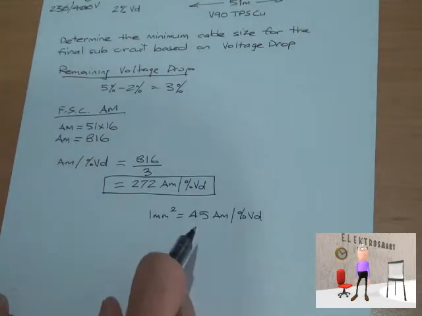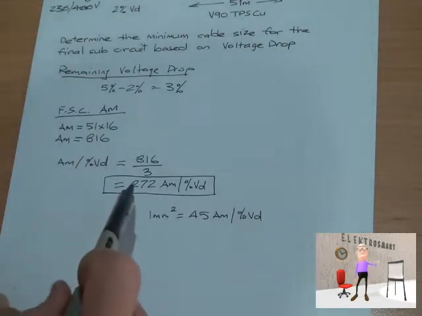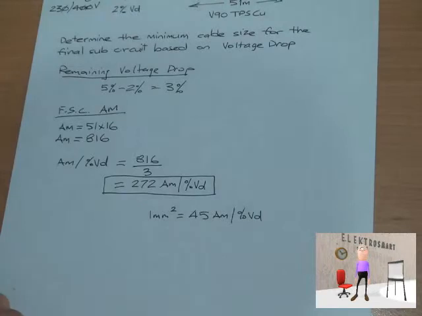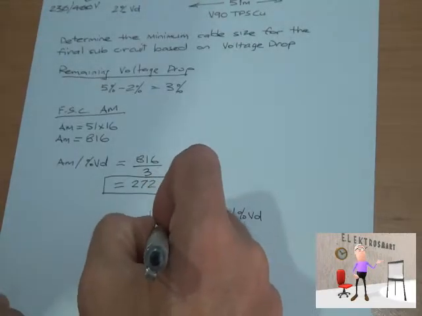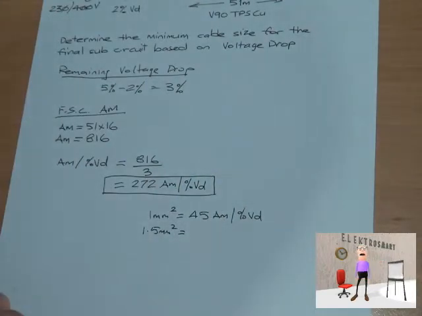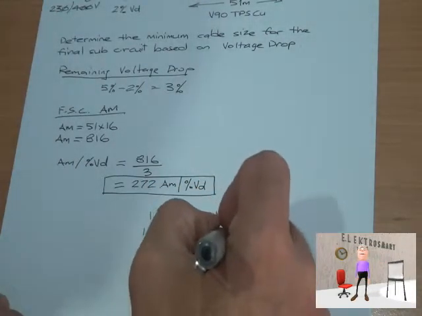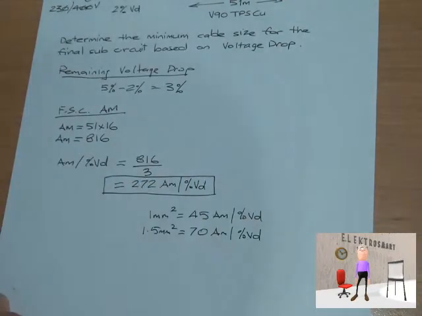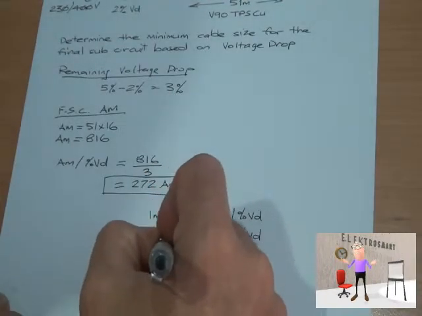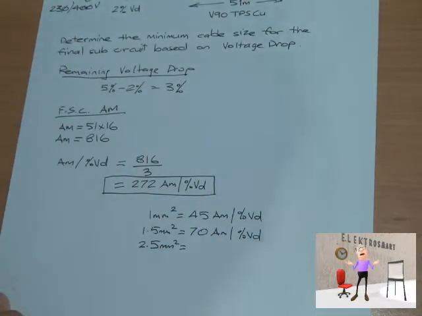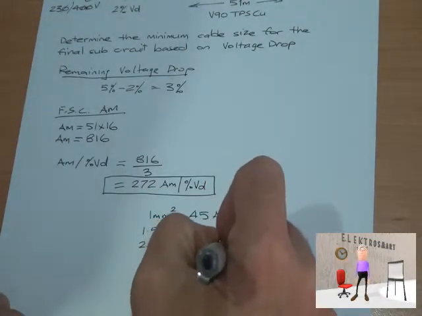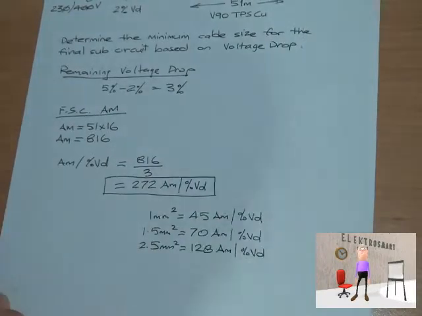So you can see that's too small. 45 amp meters will yield a 1% voltage drop on a 1 mil cable, and we need at least 272, so you can't use a 1 mil cable. 1.5 mil from table C7 has a capacity of 70 amp meters per percentage voltage drop, and you can see also that is too small. 2.5 mil, the next size cable going up, has a capacity of 128 amp meters per percentage voltage drop. Once again, too small.